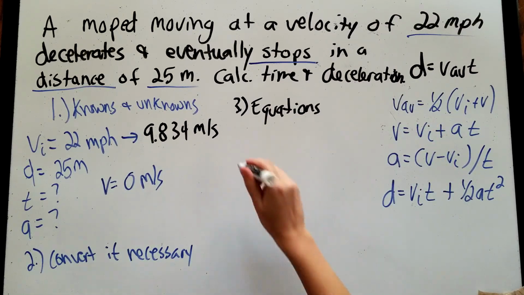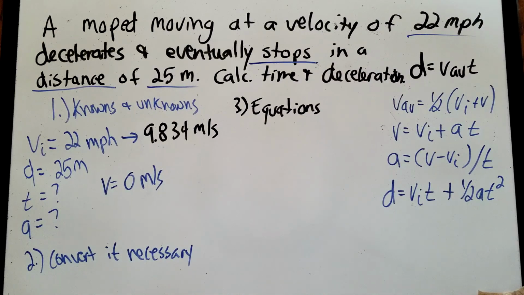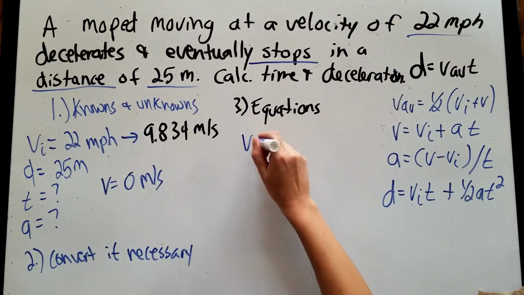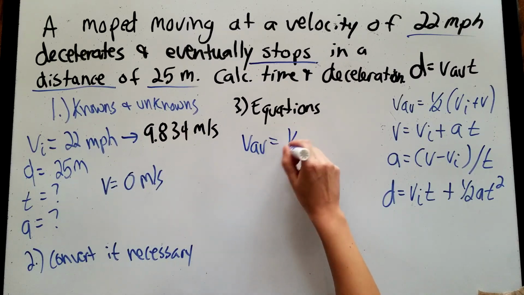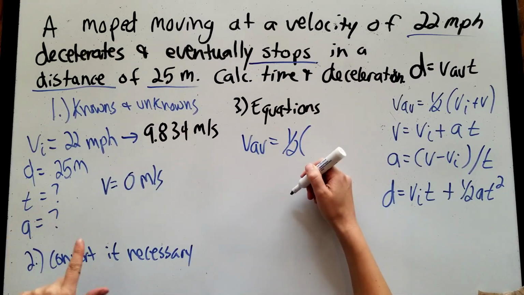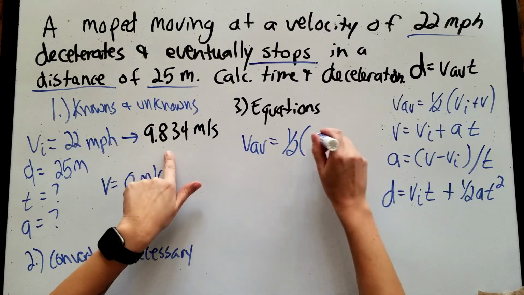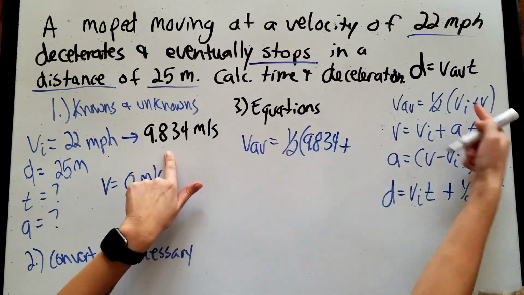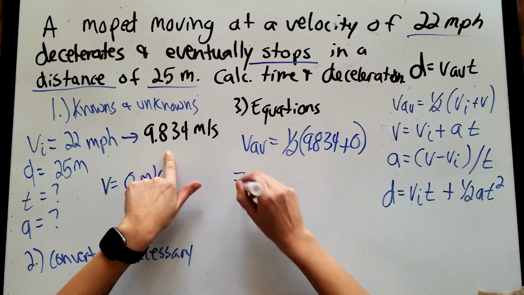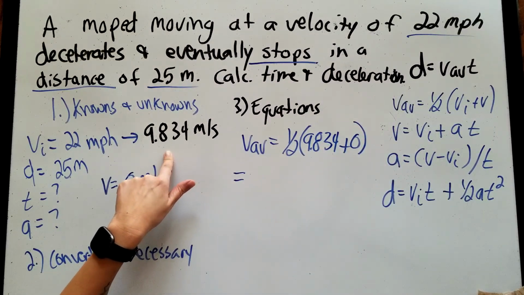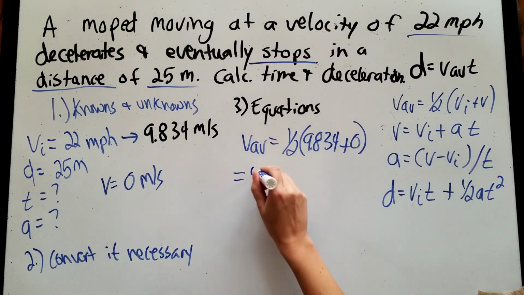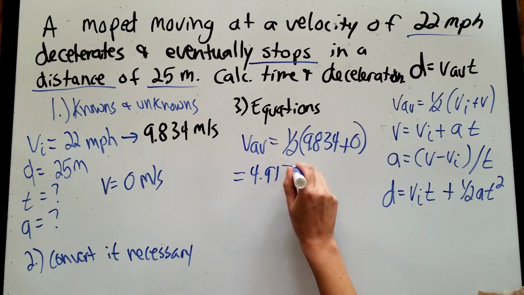So I'm going to do that first, because then maybe I can use another equation to get where I'm trying to be. So V average is 1/2, and I'm going to use my initial velocity of 9.8 because we want to use the meter per second version, plus V, which is 0. 1/2 of 9.8 is 4.917.